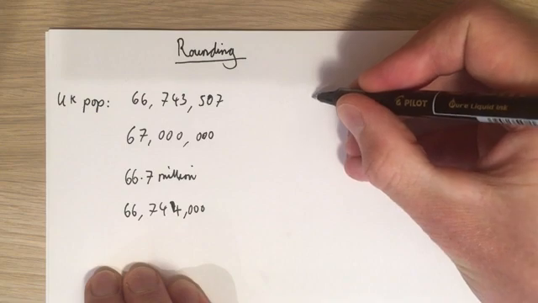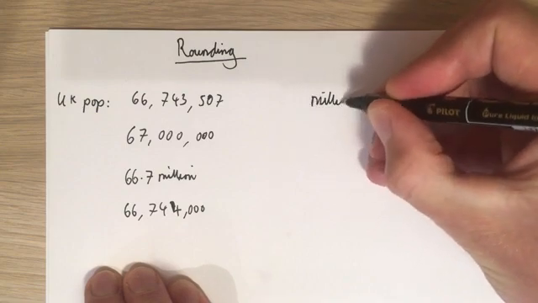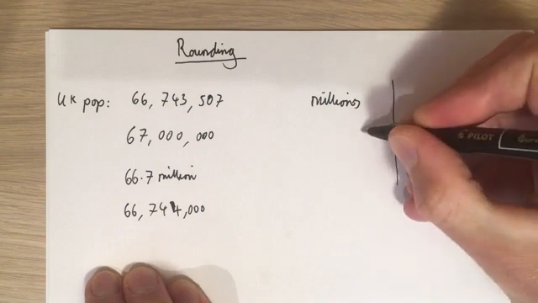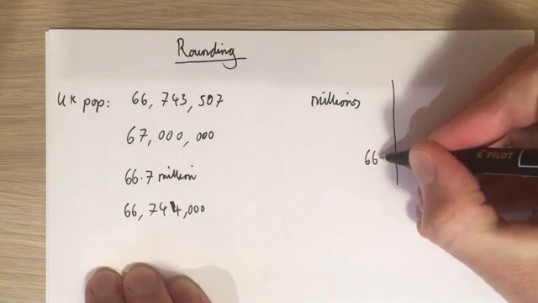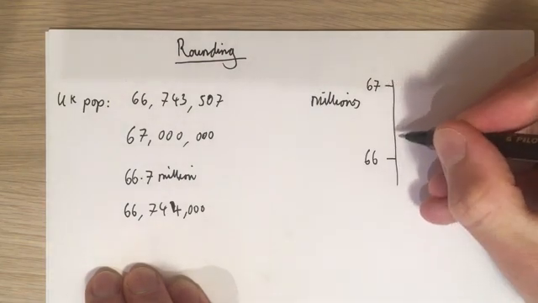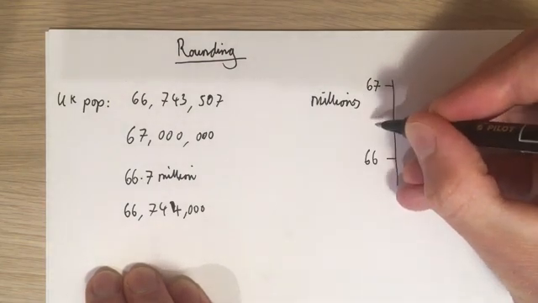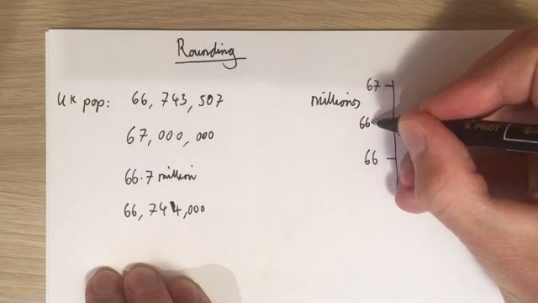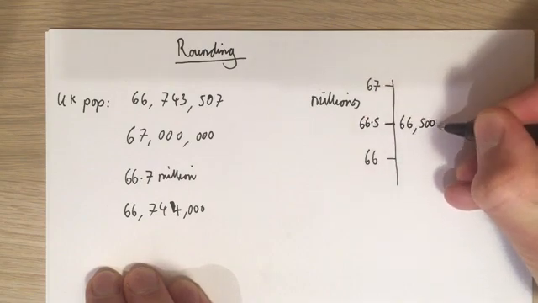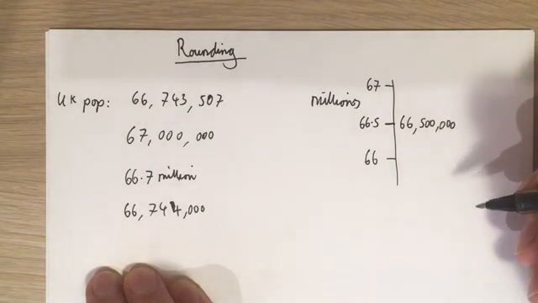Well, the reason is this. If I count in millions, if I have here 66 million and here 67 million, and I count up in between, then halfway in between I get 66.5 million. In other words, 66,500,000.